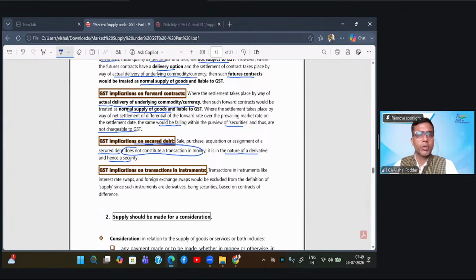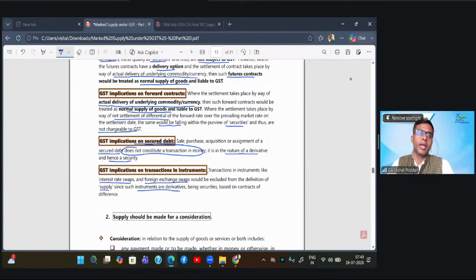Further, GST implication of transaction in instruments. So transaction in instruments like interest rate swaps, foreign currency exchange swaps, again would be excluded from the definition of supply because again, these instruments are derivatives. So we have to understand the implication that where any of these instruments are settled financially without actually giving or taking the underlying asset, in that case, it takes the color of security, it is outside GST.